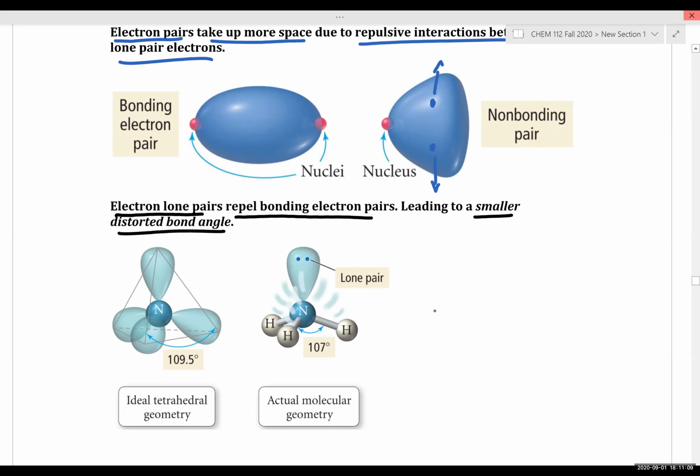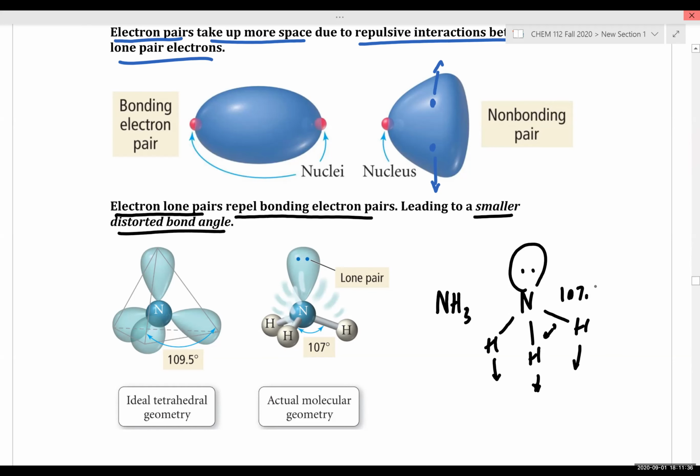That's why if we look at something like ammonia, for example, NH3, if we were drawing out its structure, it would look something like this. Repulsions between this lone pair and our bonding electrons in turn compress our bond angles. Our bonds are pushed closer together to get away from this lone pair, and in turn, our bond angle is now distorted by about 1.5 degrees.